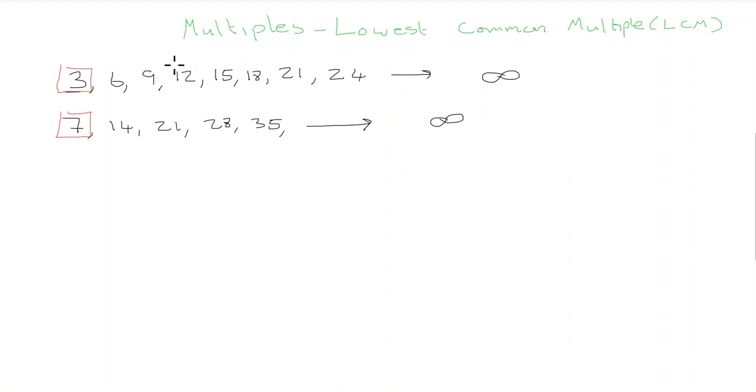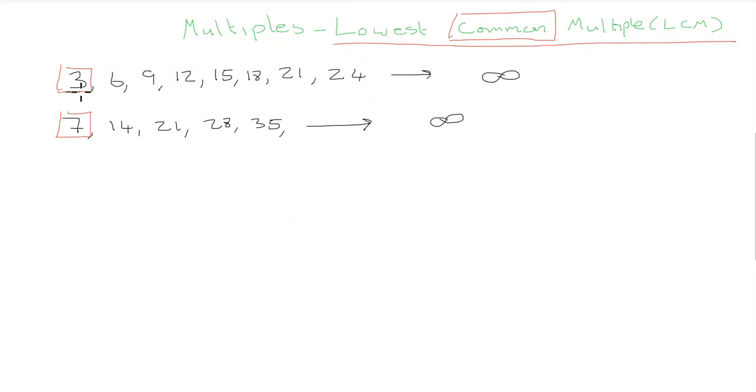Now within maths we have this idea of what's known as the lowest common multiple. So common means both, it's common to both. And then multiple, this is what we mean by multiples. And then the lowest is the lowest valued common multiple.